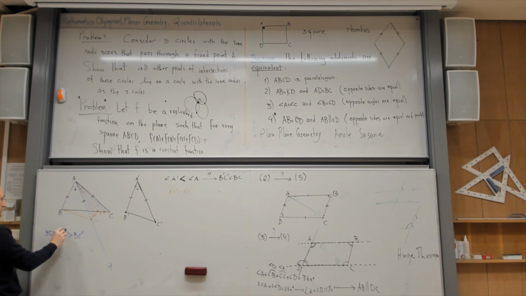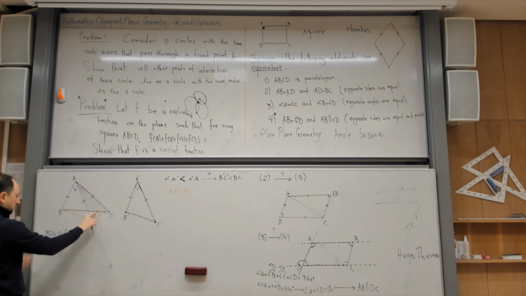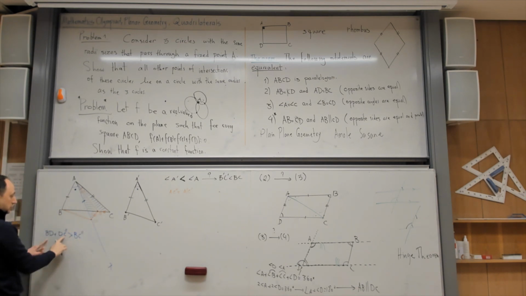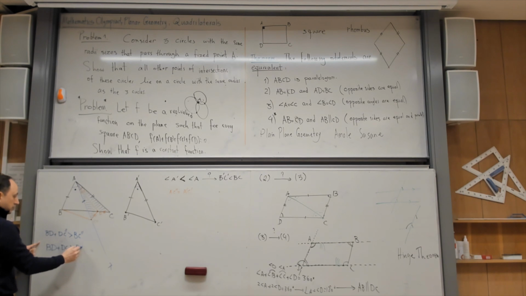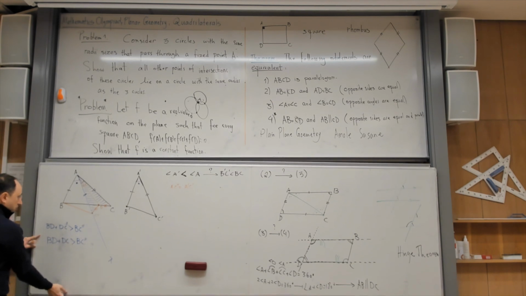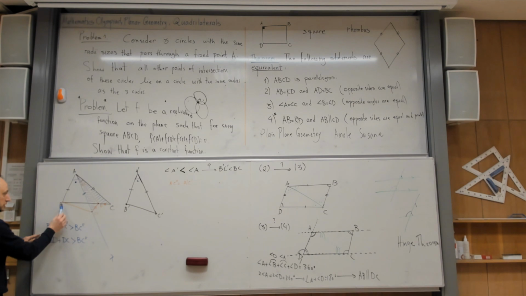This is DC double prime, yes? BD plus DC double prime is larger than BC double prime. But it was not wrong what I was writing. So this is equal to DC. So instead of DC double prime, I write DC, is larger than BC double prime, yes? But now look, what is BD plus DC? It is exactly BC. So BC is larger than BC double prime.